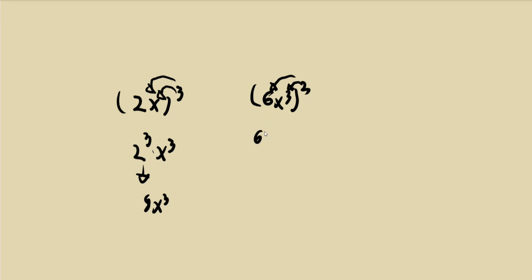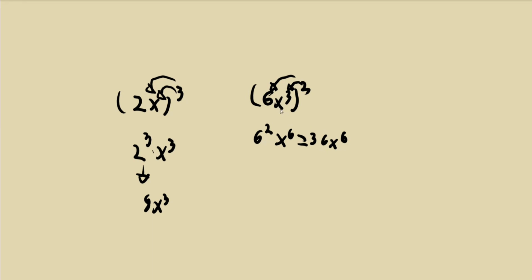It's going to equal 6 to the power of 2 times x to the power of 2 times 3. So remember, you just distribute by multiplying it. And then you have times x to the power of 6. And then you can simplify this. 6 to the power of 2 is going to equal 36. And then x to the power of 6 right here.